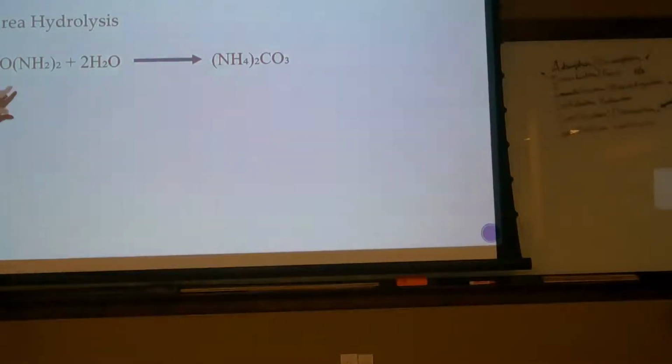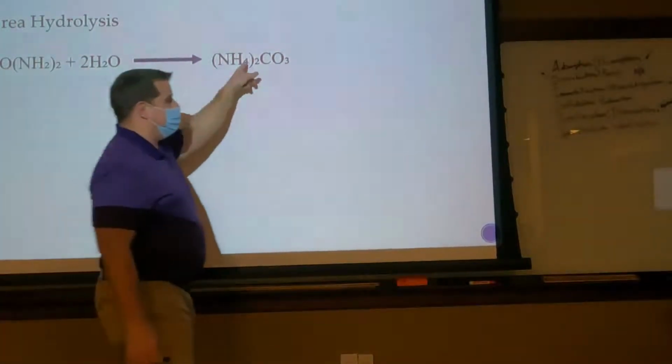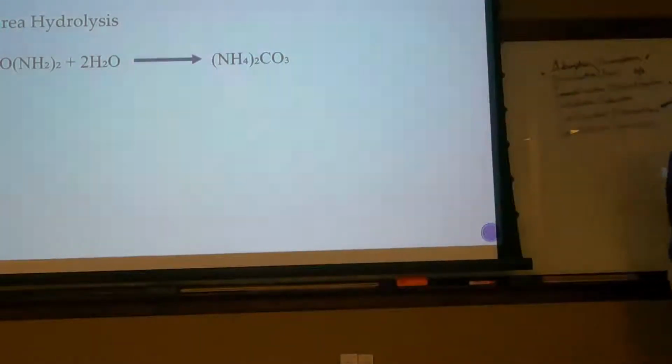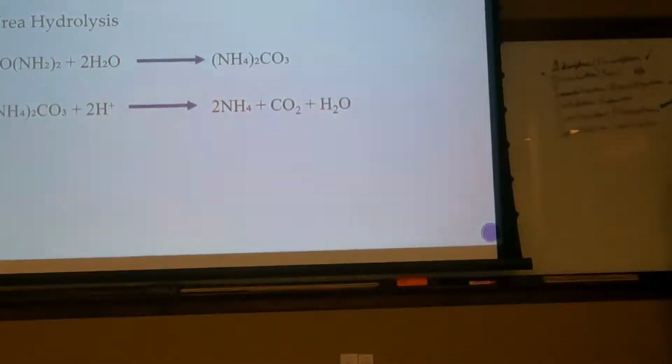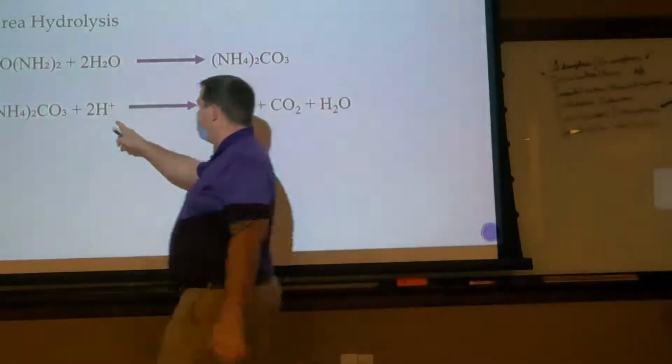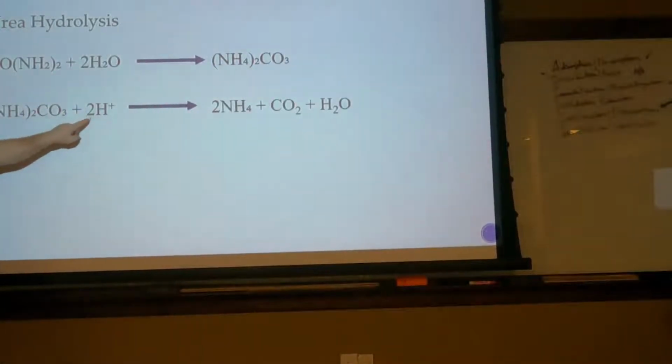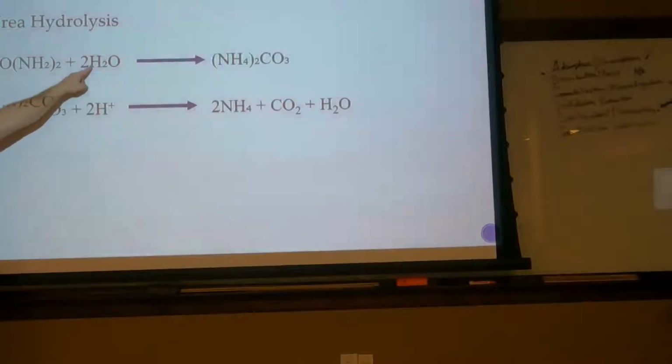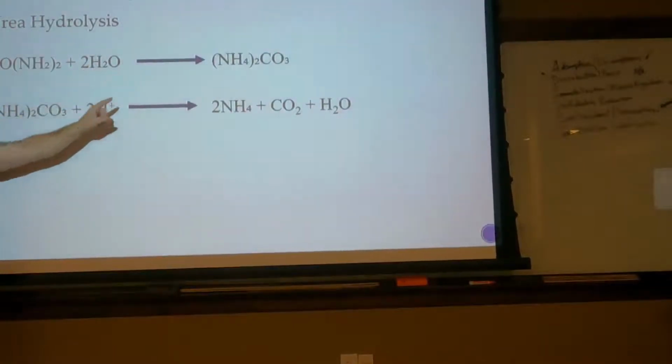So we have urea and water that is going to form this intermediate compound of ammonium carbonate. We are going to consume 2 hydrogens from the soil, so we split water and formed a new molecule.